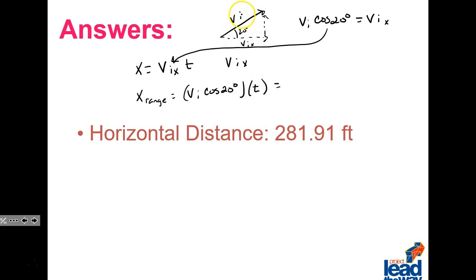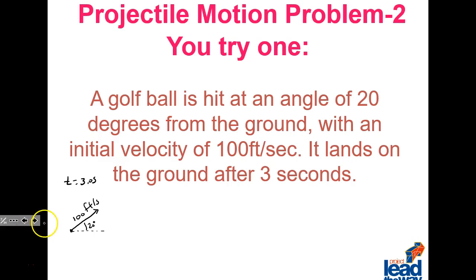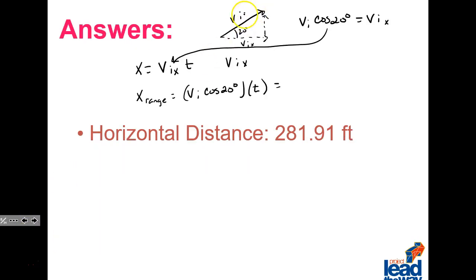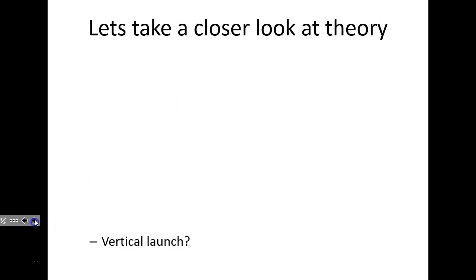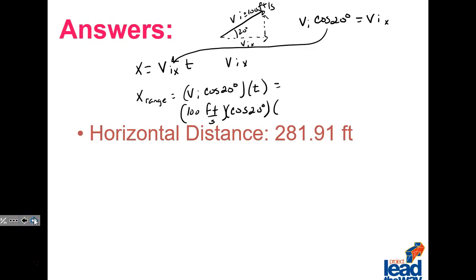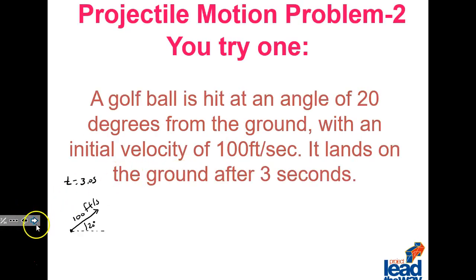We had Vi was what, 200 or 100? 100 feet per second. So we have 100 feet per second times the cosine of 20 times a time of, I believe it was, 3 seconds.